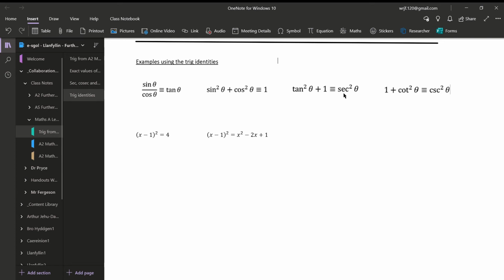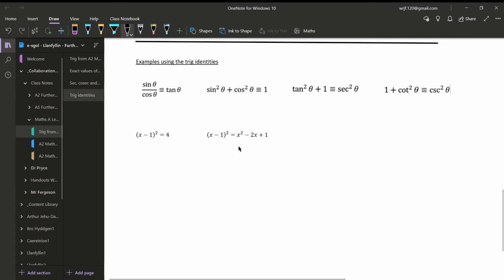While we'll often use an equals sign in the way that I have done in that example, it would be equally true to replace that equals sign with the three lines to make it an identity, as you can see in the trig identities at the top of the screen.